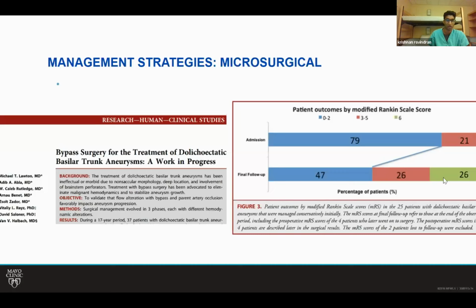This underscores the morbid nature of these lesions, despite what was described in their series as 100% technical success of anastomosis. Even in Dr. Lawton's hands, these patients unfortunately do poorly, given the natural history of these diseases.